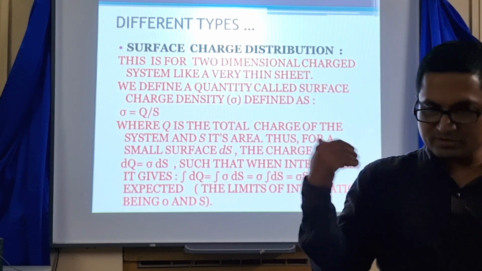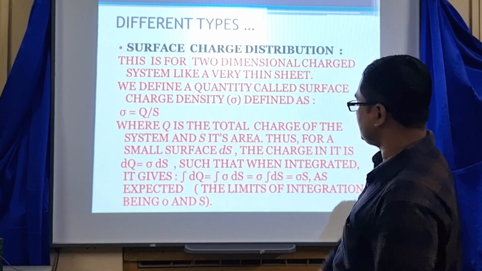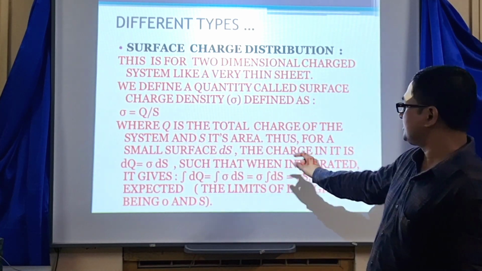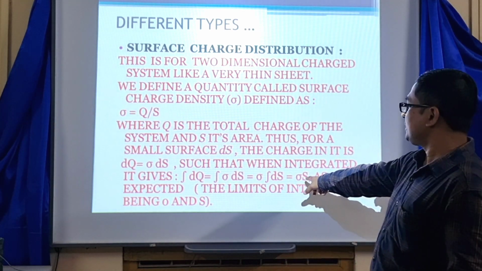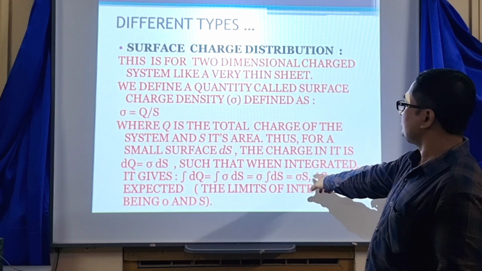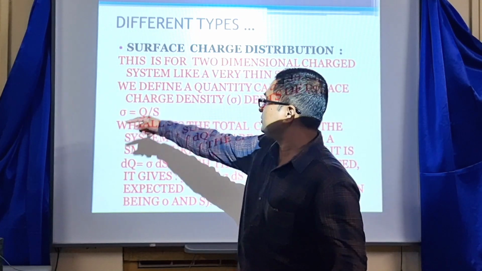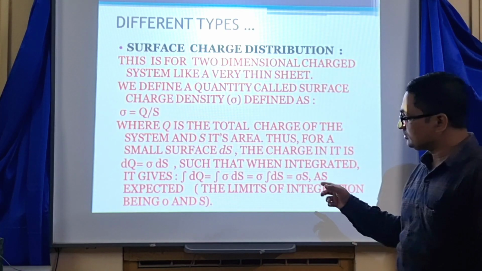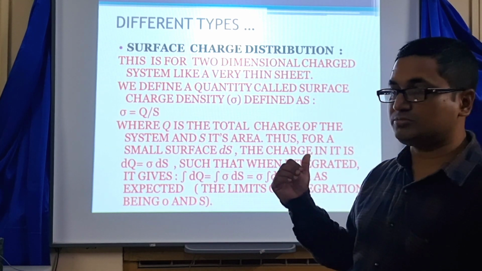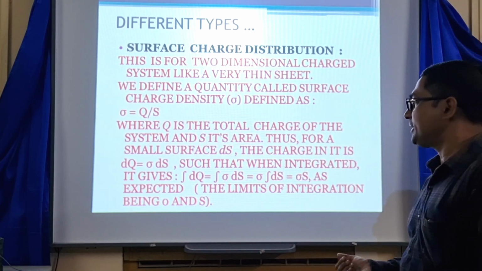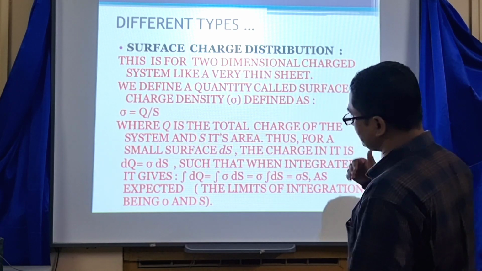And when we want to calculate the charge over the whole surface, we have to integrate, and integrating sigma ds gives sigma S, which is as expected, because sigma S is actually equal to capital Q, as we can get from the earlier equation. So it is obvious now that our conception of linear charge distribution or surface charge distribution can be revived when we place it in a continuous distribution of charges.